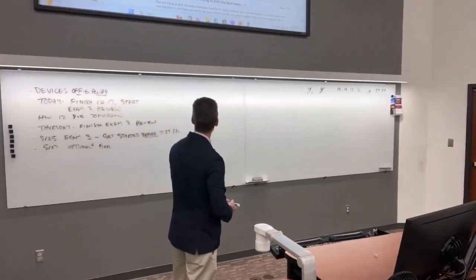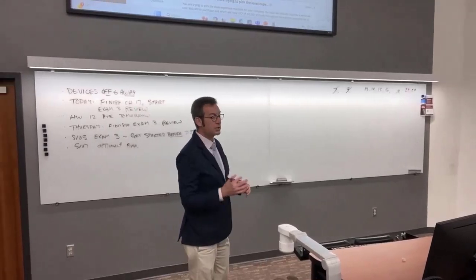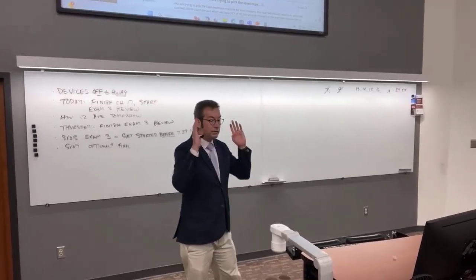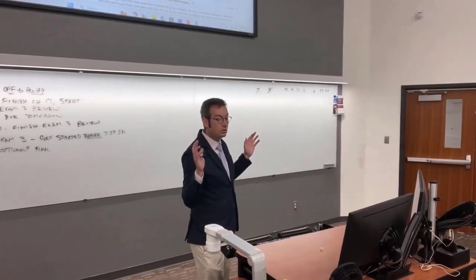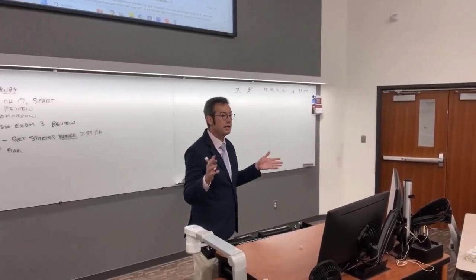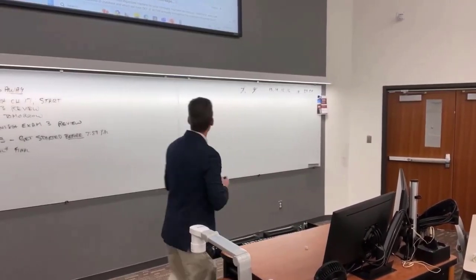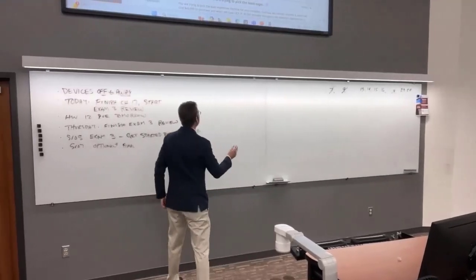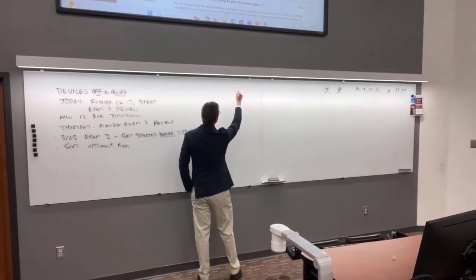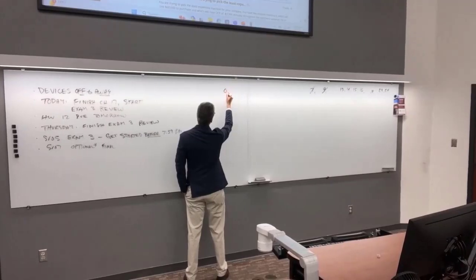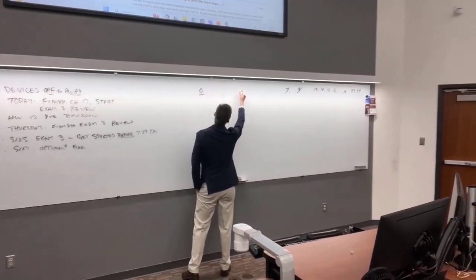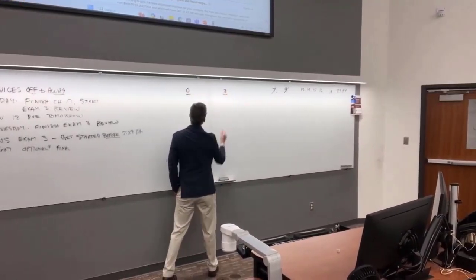Oh my goodness. Okay, so first thing I want to ask myself is how long is the life of this project? What's the answer? 3. And then I want to make some columns here. I want to have year 0, and I've got year 3, that's my last year.